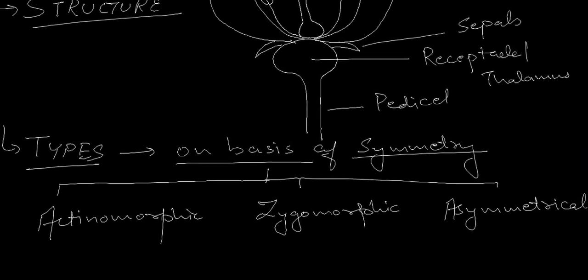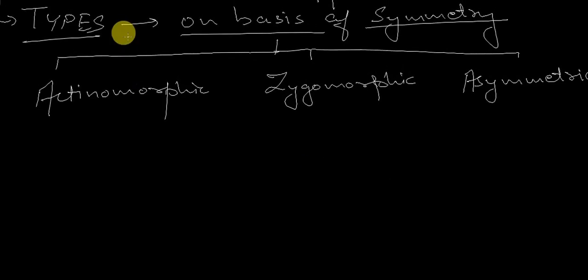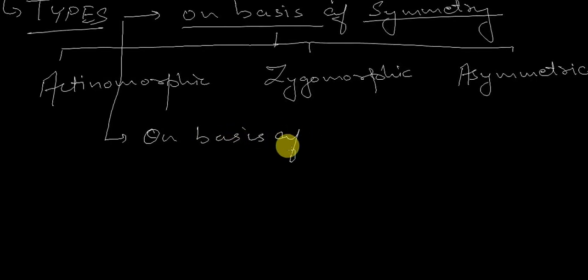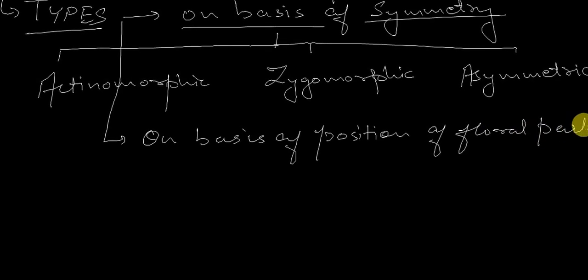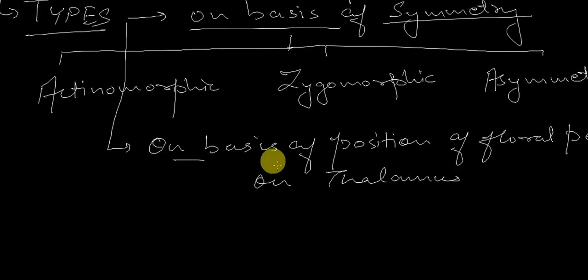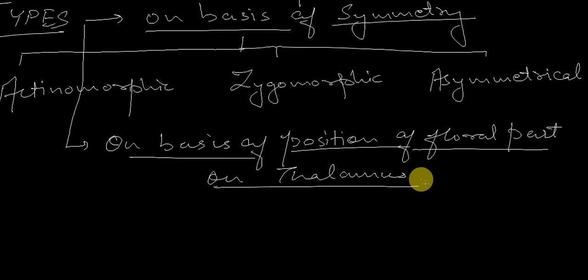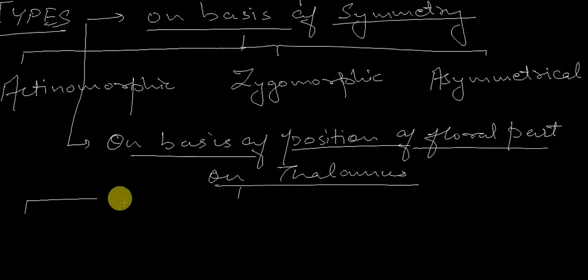Then apart from the basis of symmetry, we have the basis of position of floral parts on the thalamus. Now you know what the thalamus is: the receptacle or the tip of the pedicel. How the sepal, petal, gynoecium and androecium are arranged over the thalamus gives us three types of flowers.